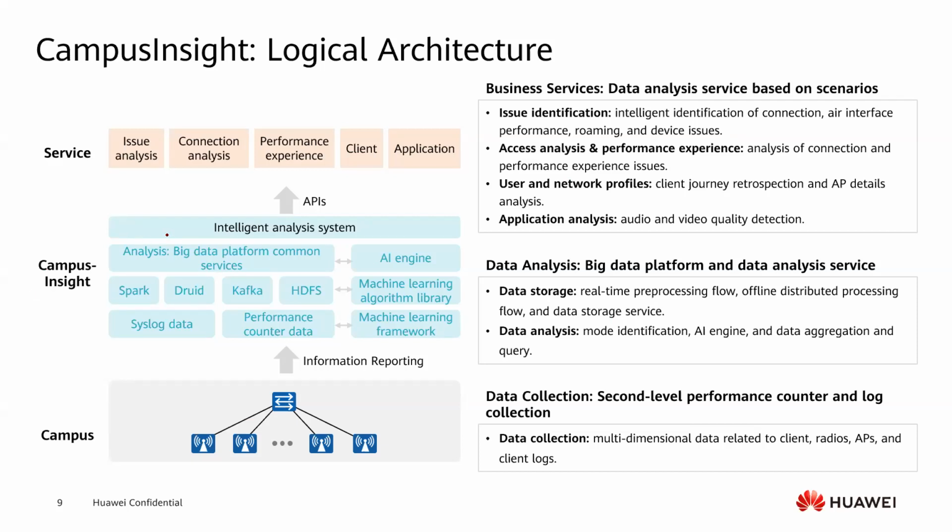The analyzer is based on big data and AI algorithms to do the analysis. Then it uses open API interfaces to support multiple services, such as issue analysis, connection analysis for clients and applications, location, and others.